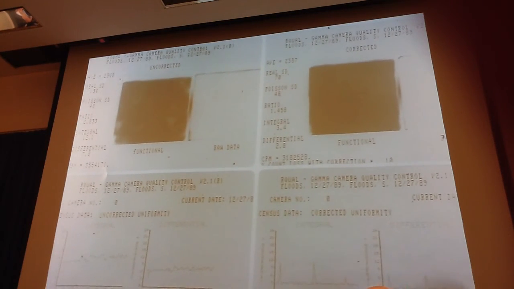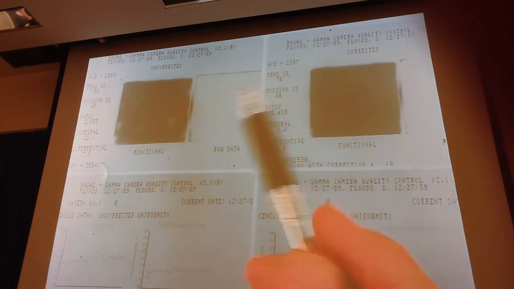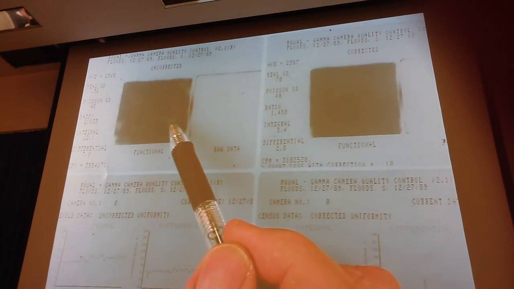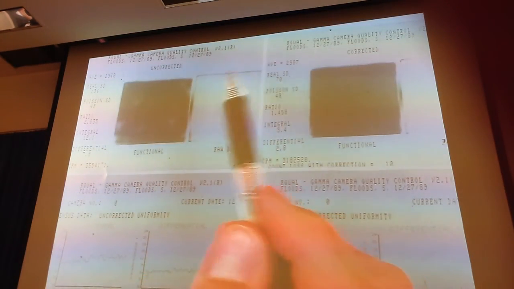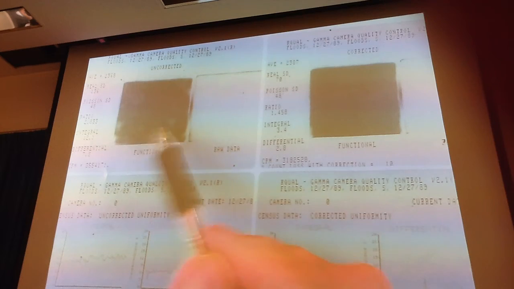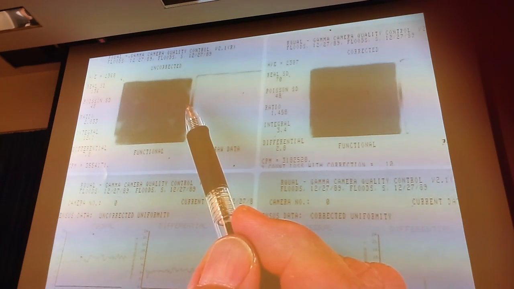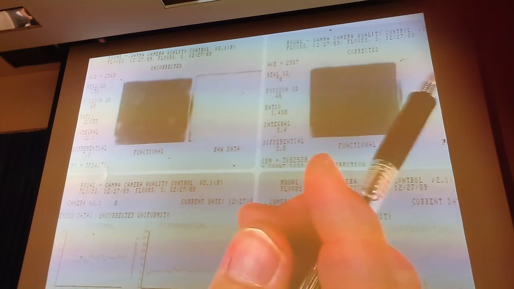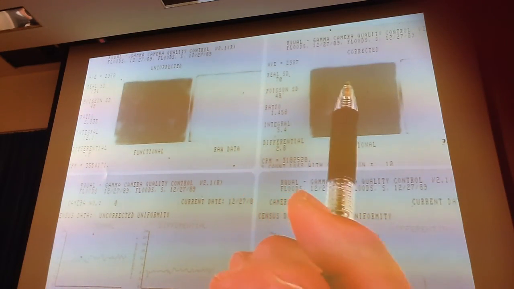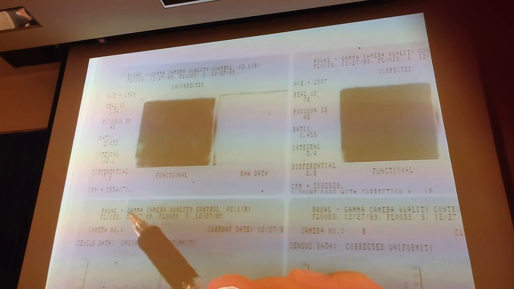What the gamma camera, or the uniformity computer, will typically do is either add counts to fill in these gaps, or subtract counts from the outside and make the other ones lighter. The way that you can tell is by measuring how much time it takes to acquire the flood. Both of these are about 3 million counts.